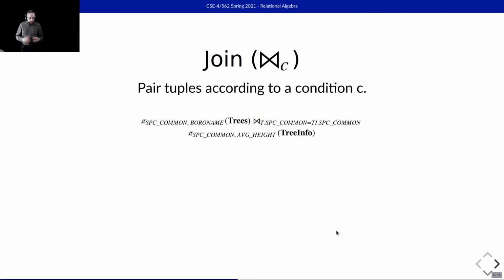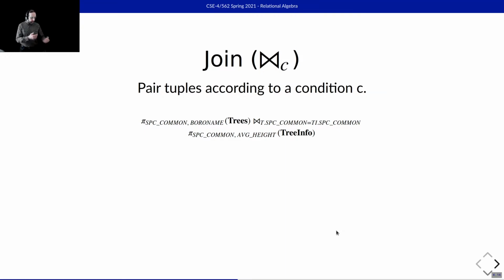But often what you want to do isn't to come up with all of the pairs. More often what you care about is coming up with very specific pairs or pairs that satisfy some specific condition.